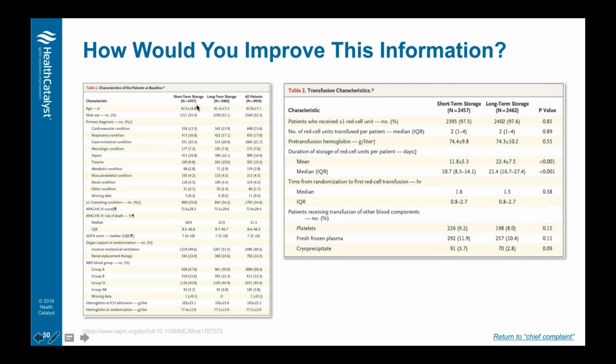We can see we had just over 2,500 patients in each of the arms, and it's looking directly at, did we have any underlying differences in the population? Was one population older? Was one population more likely to be male? Did they have different primary diagnoses?